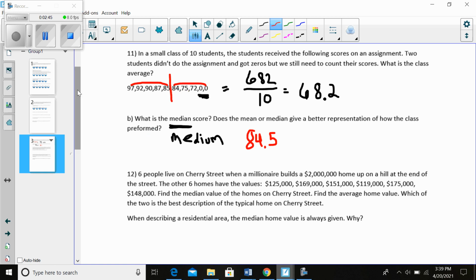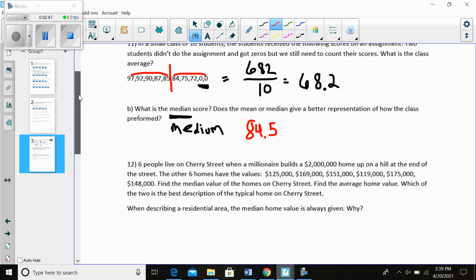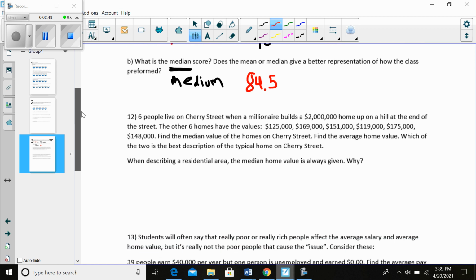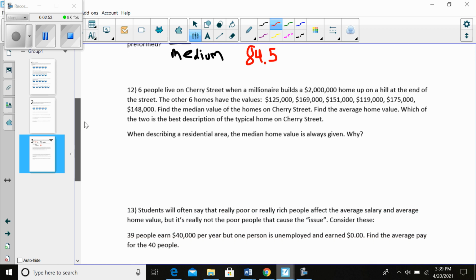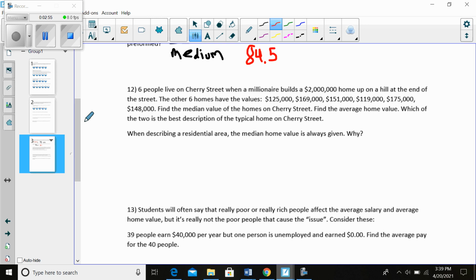So where you're going to see median the most in real life, right, is if you're looking at income level or home values. Home values are always given using median. Okay, they never say the average home value in an area. They always will say the median home value in this area is 160,000 or something like that.